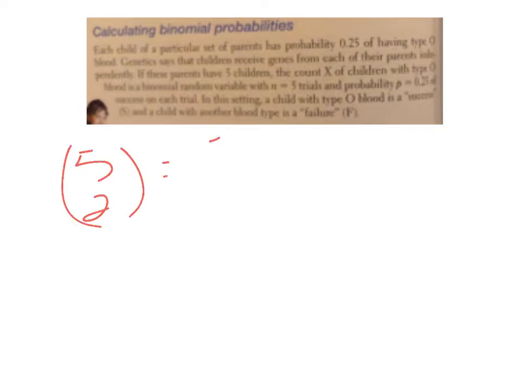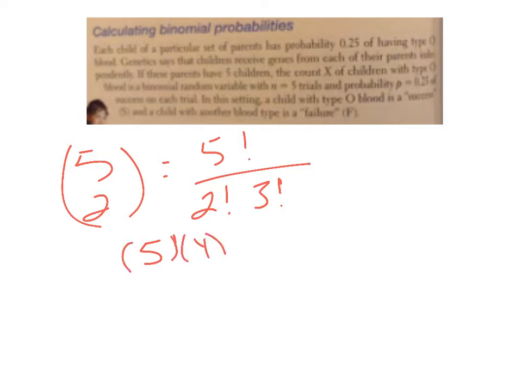So when I set this up, again, it's the factorial of k times the factorial of n minus k. Basically what this looks like is 5 times 4 times 3 times 2 times 1.